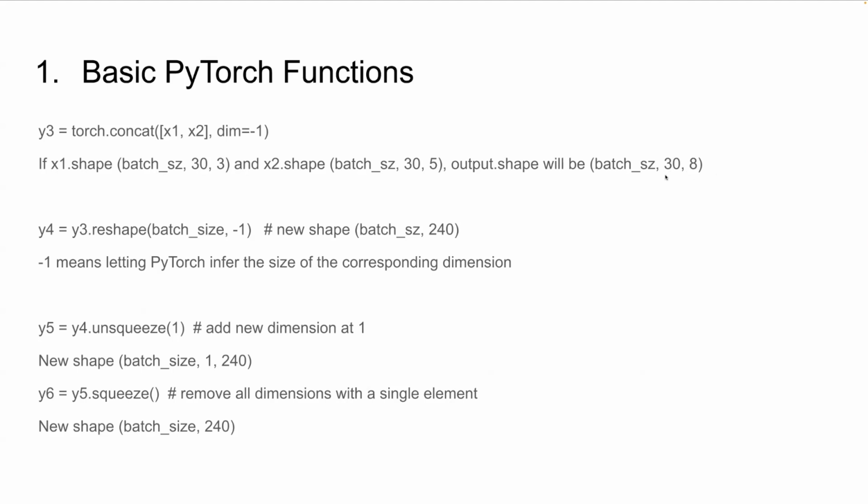So 30 is the number of time steps. And note that we put dimension equals -1 here, so that by default it will do the concatenation along the last dimension, so 3 plus 5 equals 8.